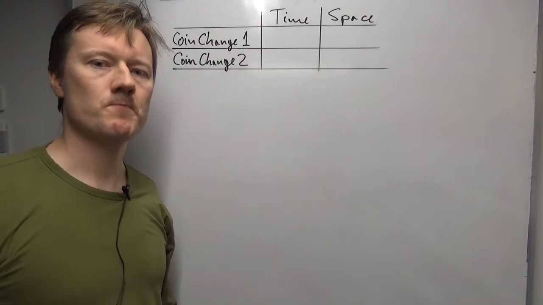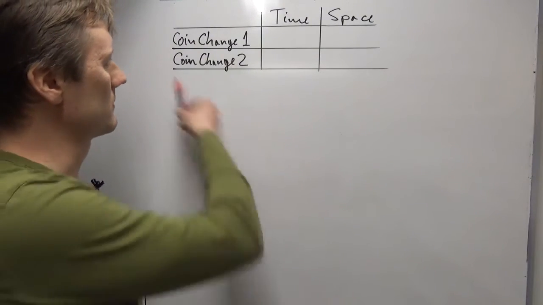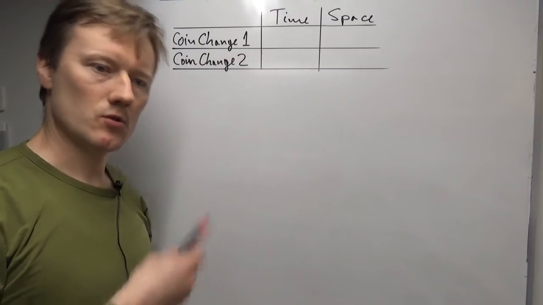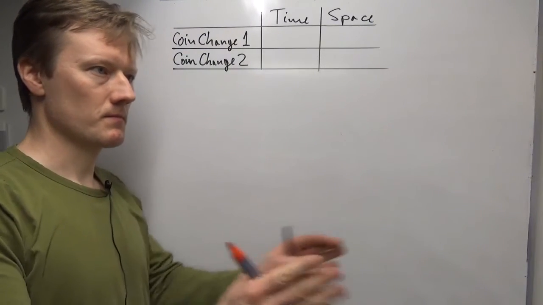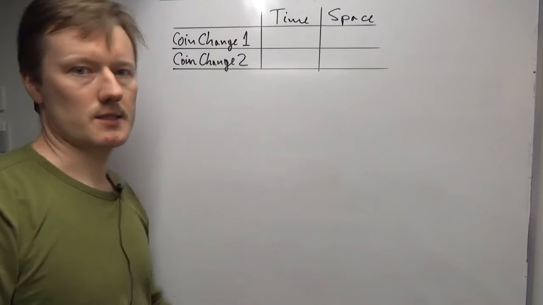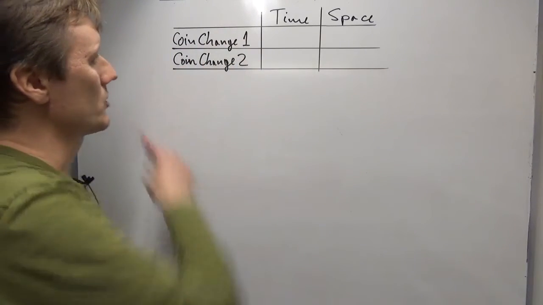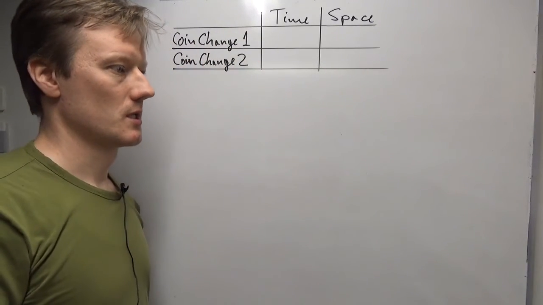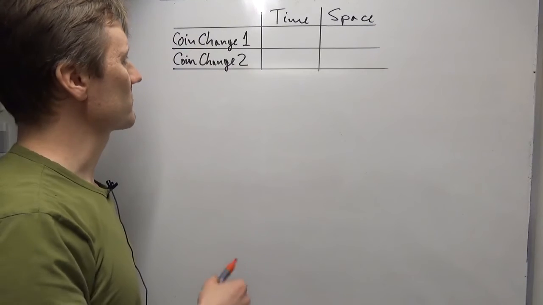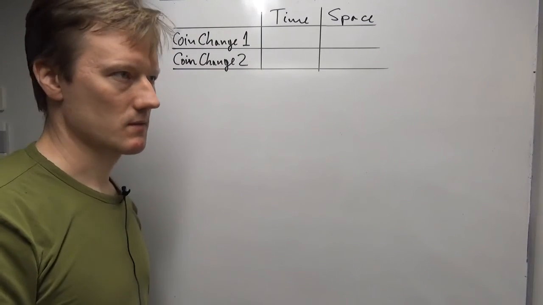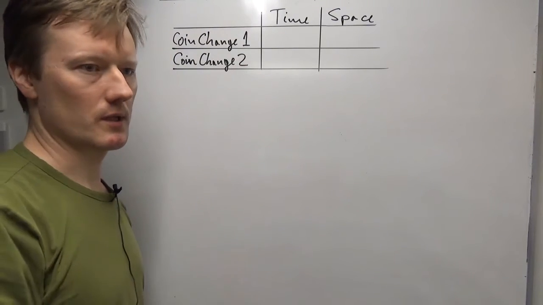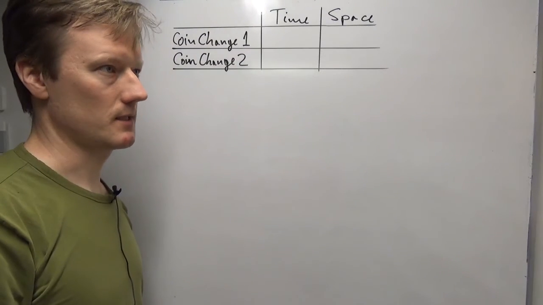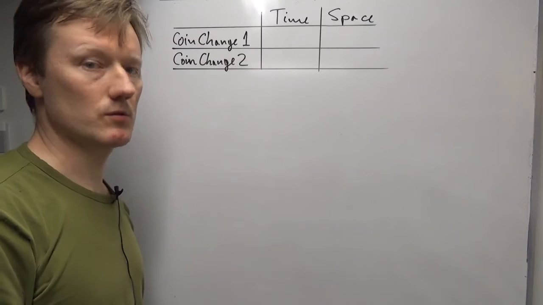To summarize, we have seen two different dynamic programming algorithms following two different ideas. We have seen coin change 1, which uses a k-ary choice. At each situation it says I can choose any coin that is available to me as the next thing to do.